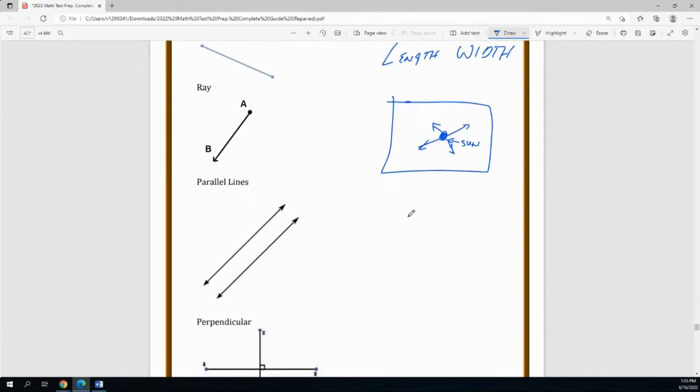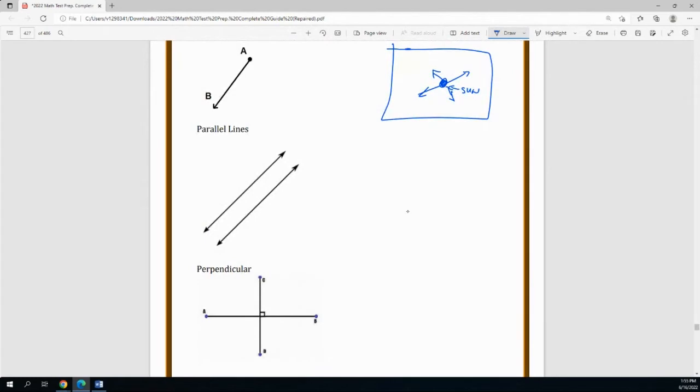Parallel lines. This is two lines, again, a line. So remember, we're adding more vocabulary, right? Line means that you go in one direction forever, and you go in the opposite direction forever. Lines are also straight. There's no bending to them.